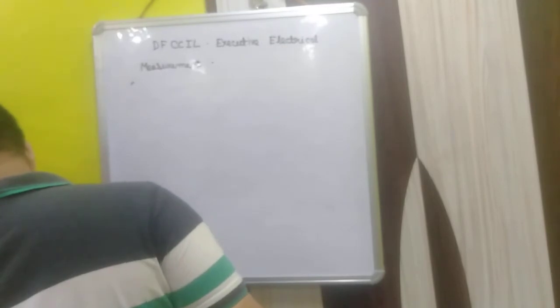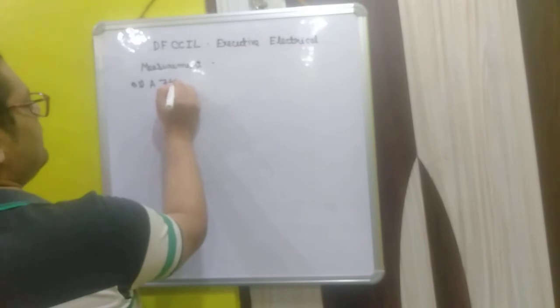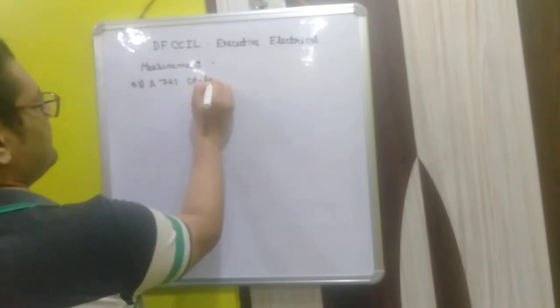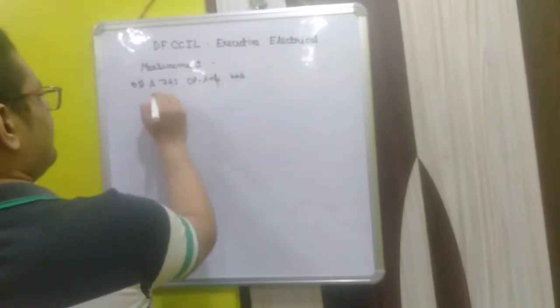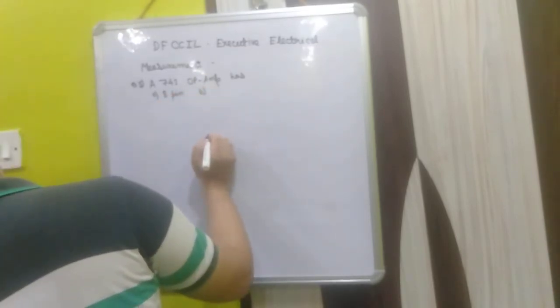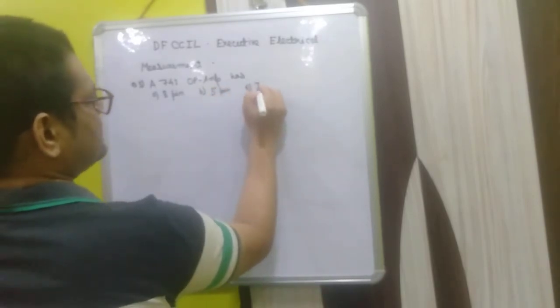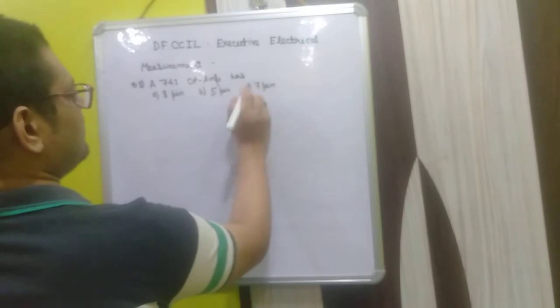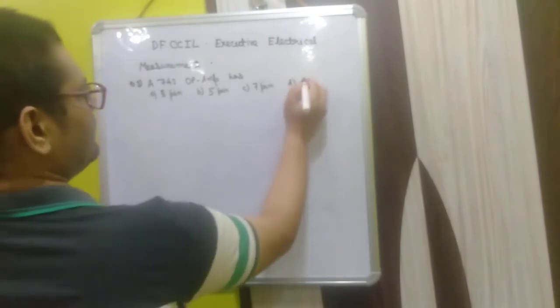The fifth question is: a 741 op-amp has option A 8 pin, option B 5 pin, option C 7 pin, and option D 4 pin.